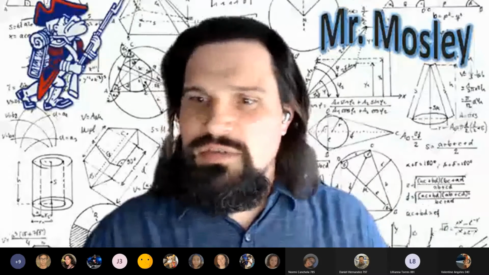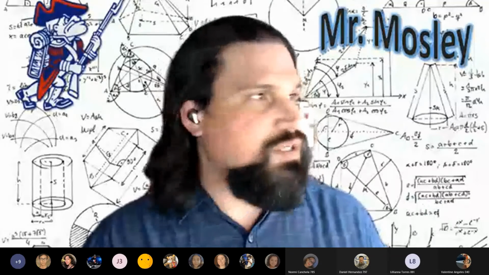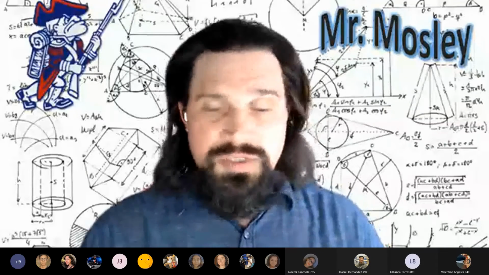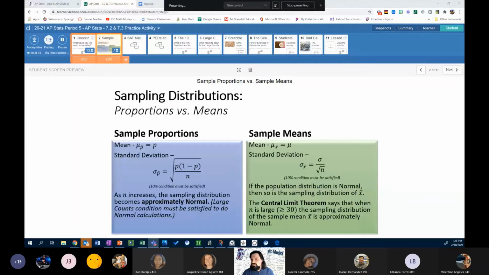I'm going to share my screen, so if you're following along at home and you're not in Desmos, or if you want to see what's going on my screen, it is shared now. This is essentially one of the last slides from our presentation yesterday on section 7.2 and 7.3. It is the side-by-side comparison between sample proportions and sample means of sampling distributions.